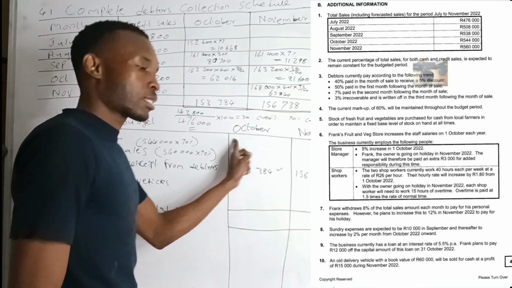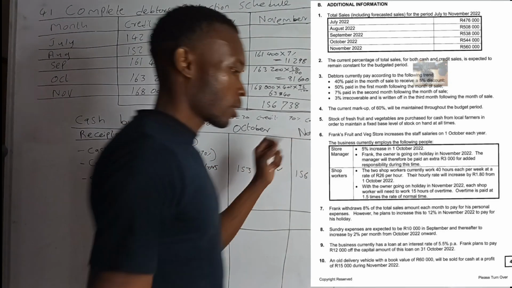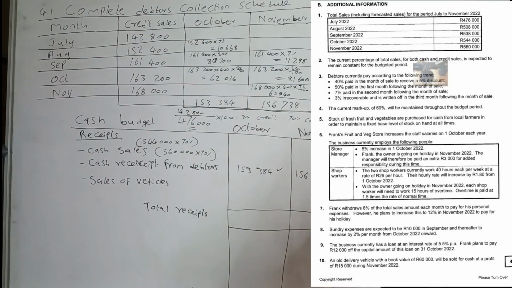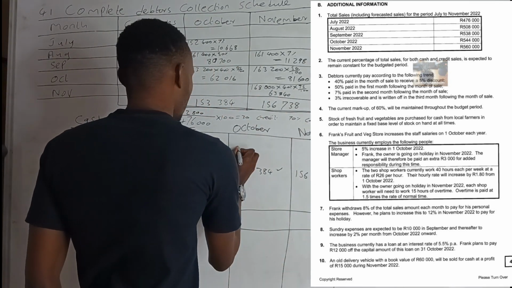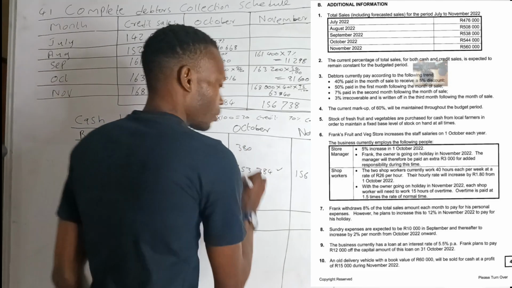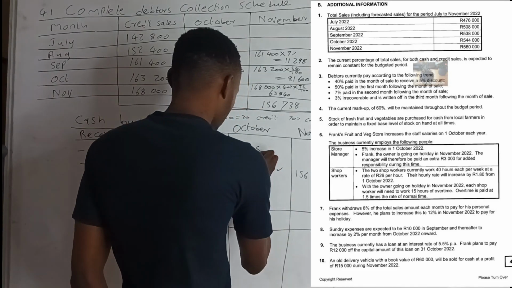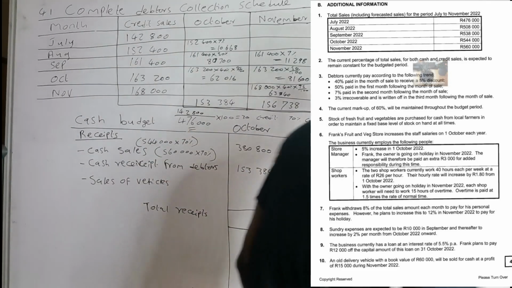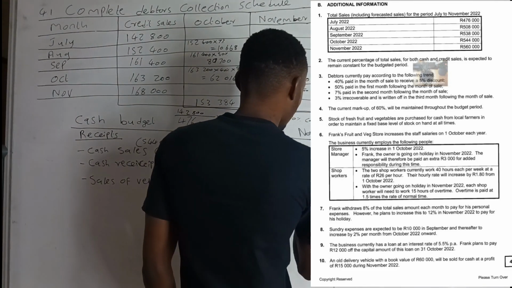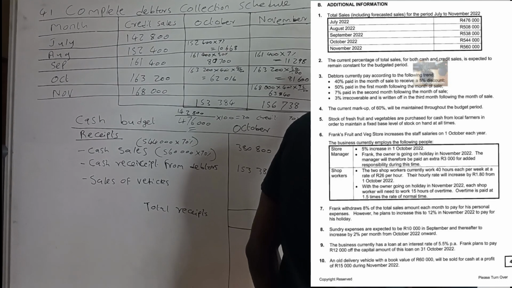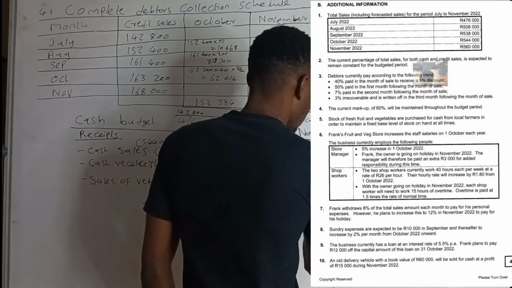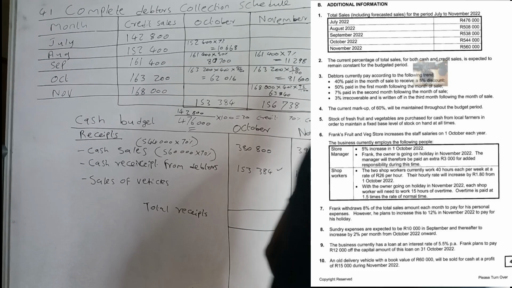Let's calculate these two and get our cash. For October it's going to be 380,800. Then for November it's going to be 392,000. Very simple.